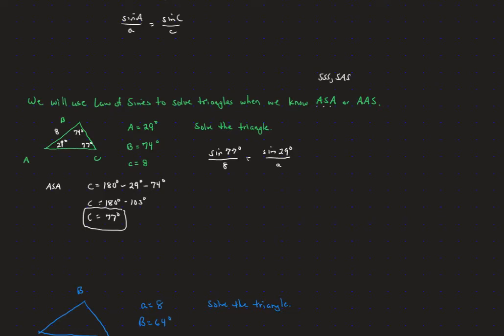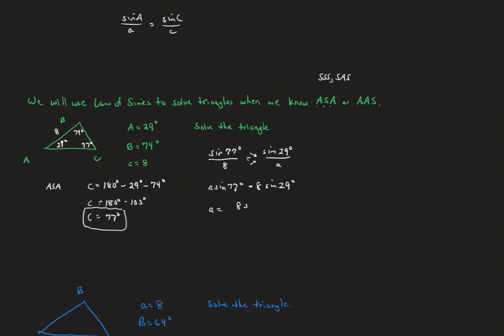Now we have a proportion, and we can solve this proportion for our one unknown using the fact that cross products are equal in a proportion. So A times the sine of 77 degrees will equal 8 times the sine of 29 degrees. I'm just multiplying the diagonals there. Then we solve that for A by dividing that sine 77 over.